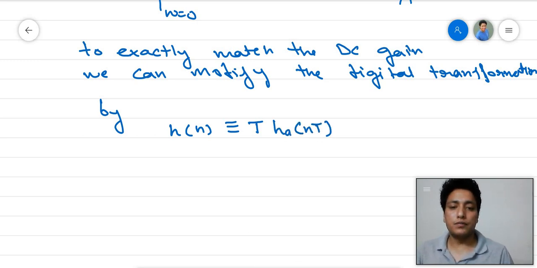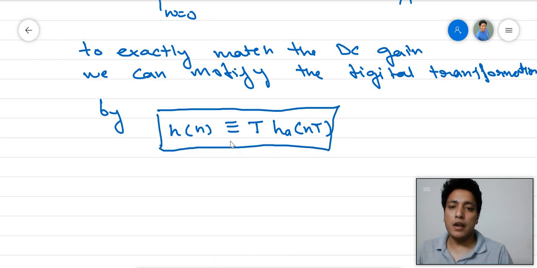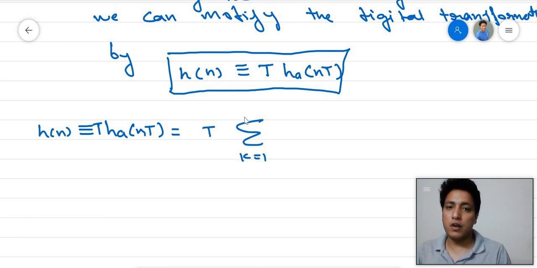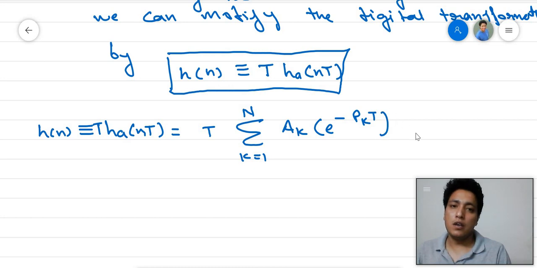Now this will add a value of t into the numerator side, which will later on cancel the same part. Then hn will be ha nt into t will be equal to t summation k equals to 1 to n ak exponential minus pk t n into un.